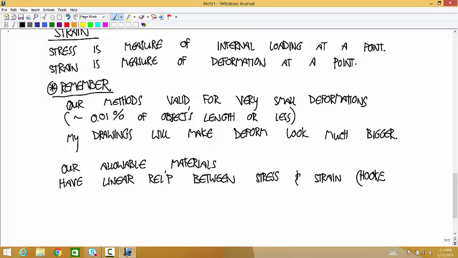People call them Hookean materials because they satisfy Hooke's law.